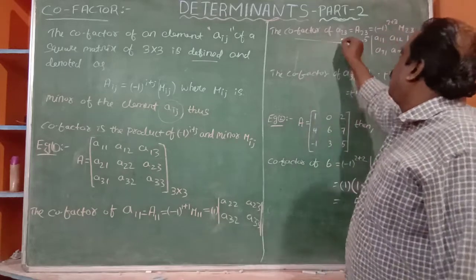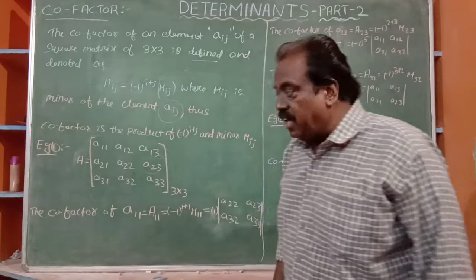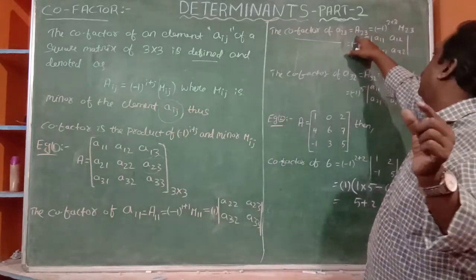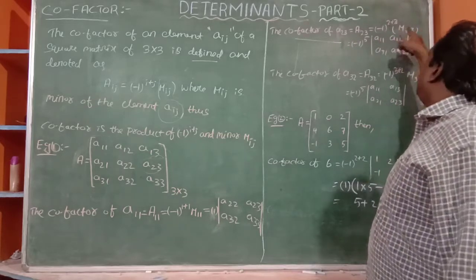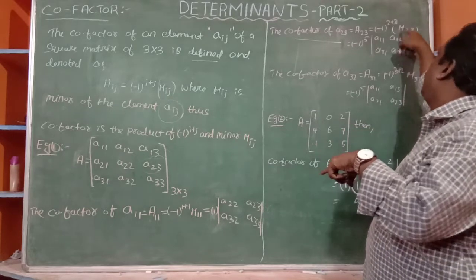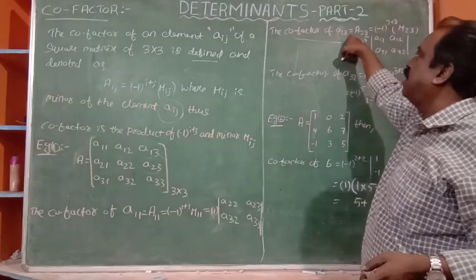Again, the cofactor of A23. That is capital letter A23, the notation for cofactor. Minus 1 power 2 plus 3, M23. M23 means minor of the same element 23, and it is multiplied by minus 1 power 2 plus 3. Then we get the cofactor.